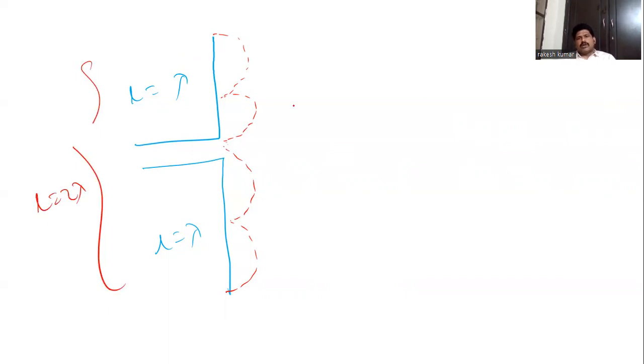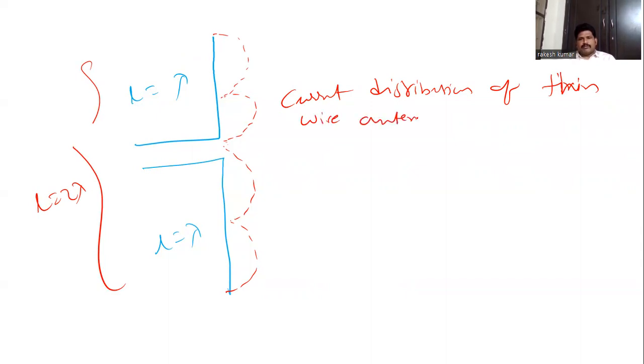Like this, you can sketch the current distribution of a thin wire antenna of any length, that may be L much less than lambda, or L equal to lambda, or L equal to 2 lambda.